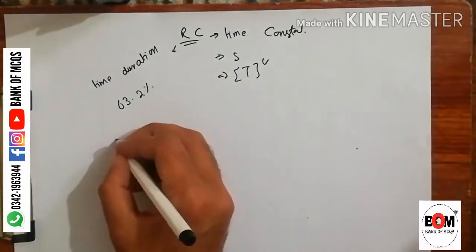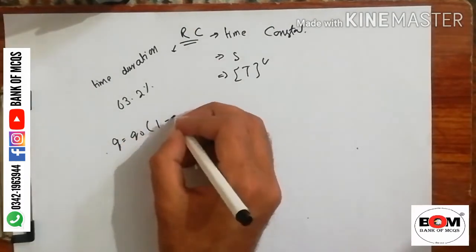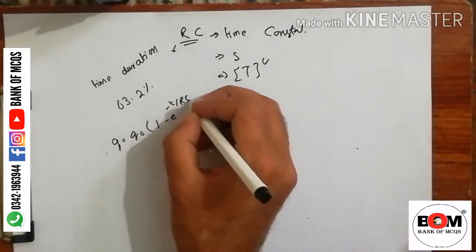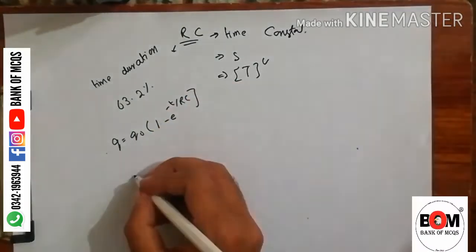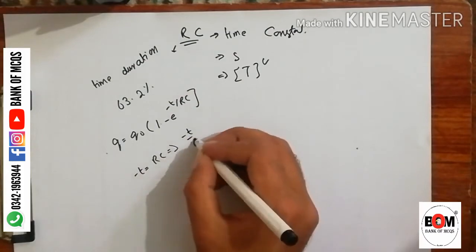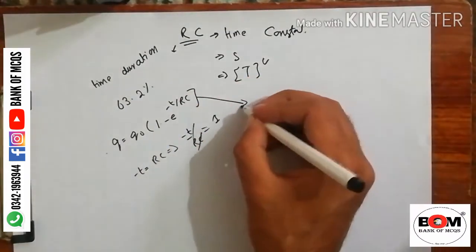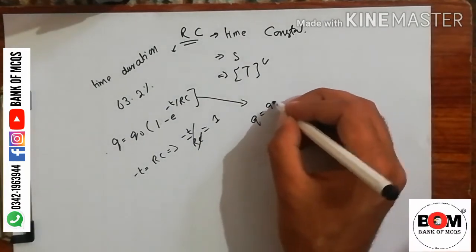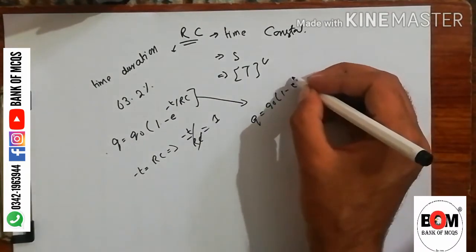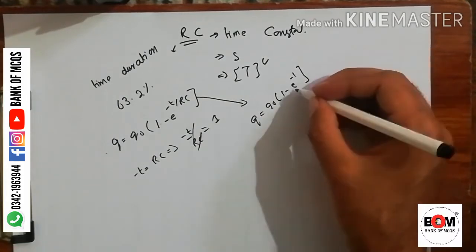So we know that for charging, Q is equal to Q naught into 1 minus e to the power minus t divided by RC. Putting t equal to RC, this becomes minus RC divided by RC, which is minus 1. So the equation becomes Q is equal to Q naught into 1 minus e to the power minus 1, where the e value is 2.718.